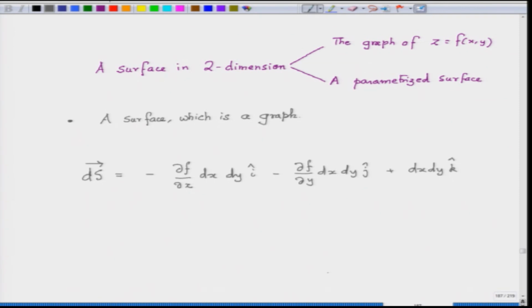So, what shall I do? Basically, I take the norm of this vector and you know how to calculate the Euclidean norm.